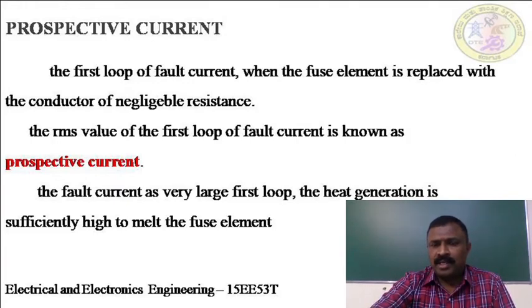The fault current has a very large first loop, and the heat generation is sufficiently high to melt the fuse element. The amount of heat dissipation, H, is given as I squared R T. When you have a large loop, the I parameter becomes high and hence the heat dissipation will be more. Therefore, the fuse element will melt.